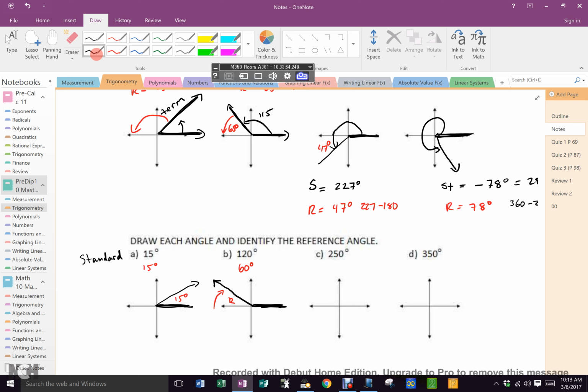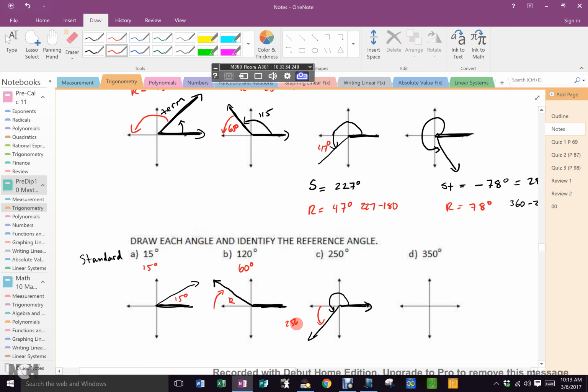All right. So, where is the standard angle? What quadrant? Quadrant 3, down here. Right? So it comes all the way around to there. But where's the reference angle? Since I'm going away from 180, we are adding 180 plus what to get to 250? 70.